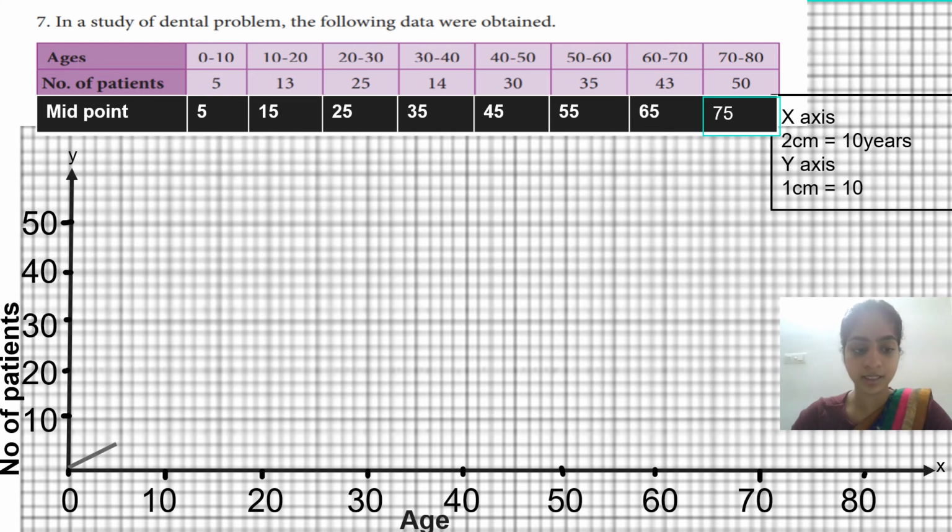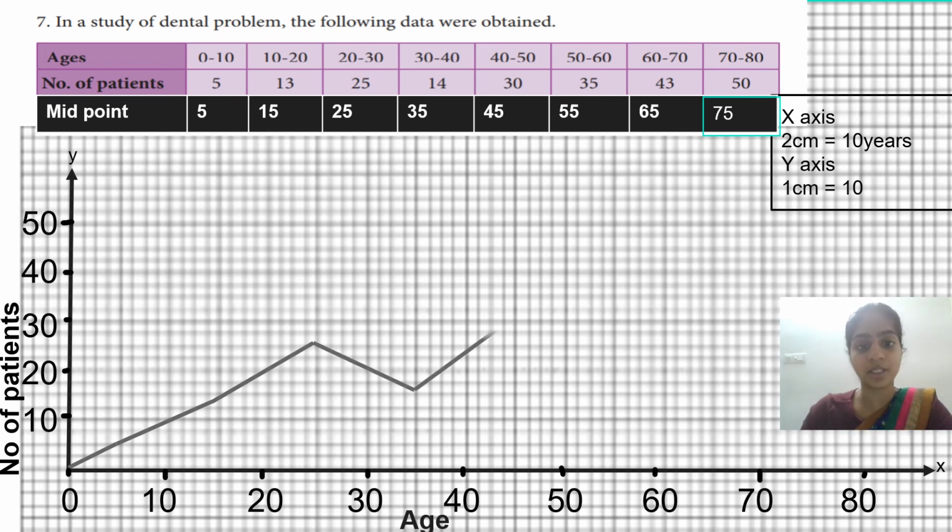And then the first line joins 0 to 5, 5, because the number of patients is 5 and the midpoint is also 5. And then the second point will be 15, 13, because the midpoint is 15, which is according to the x-axis, and 13, which is according to the y-axis, is the number of patients. And the next point will be 25, 25, joining the line to 25, 25.